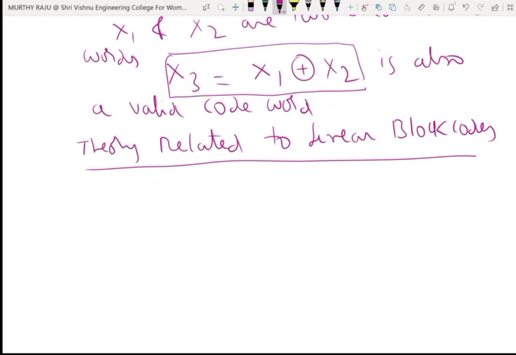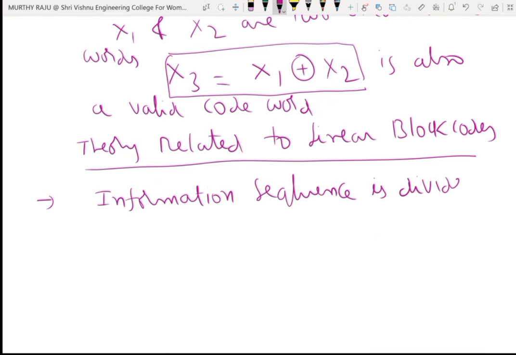First point here is that the information sequence is divided or segmented into message blocks.